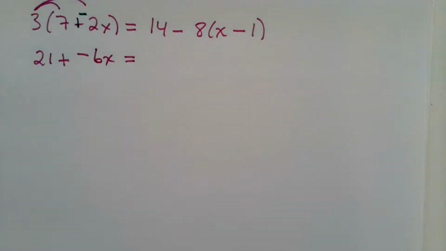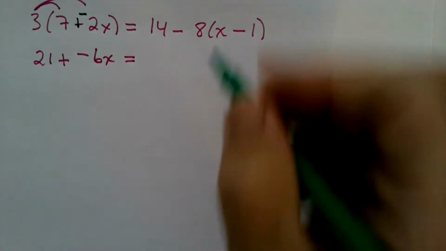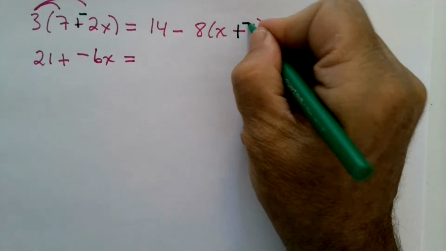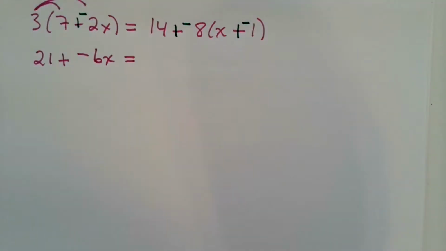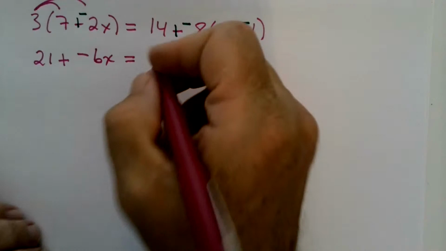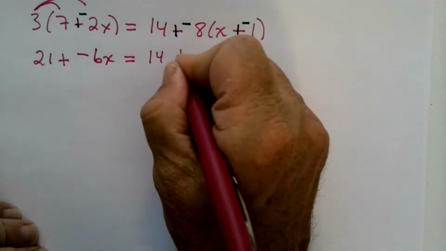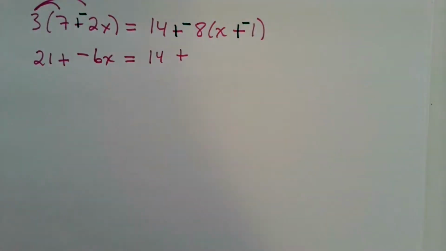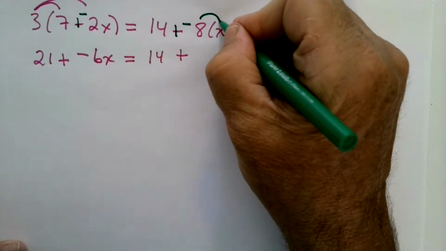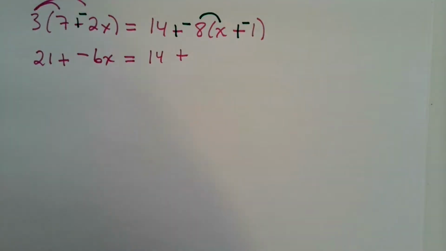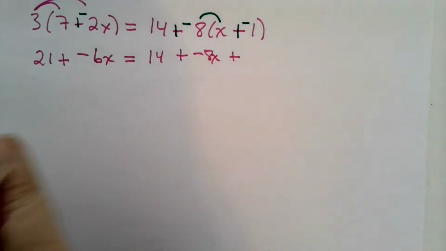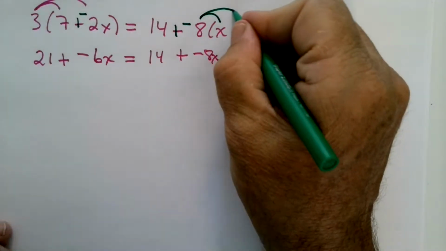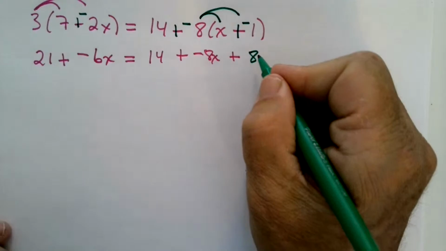On the right-hand side, we're going to change the minus to plus negative inside the parentheses as well as outside. And that's going to have to be distributed. So it will be 14 plus, distributing the negative 8. Negative 8 times x is negative 8x. Plus negative 8 times negative 1 is positive 8.